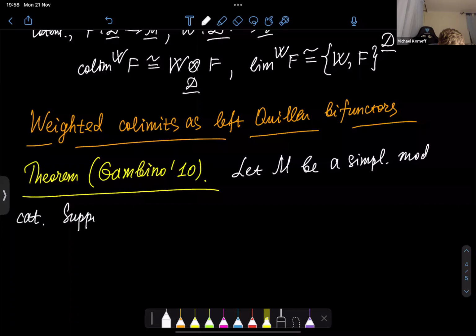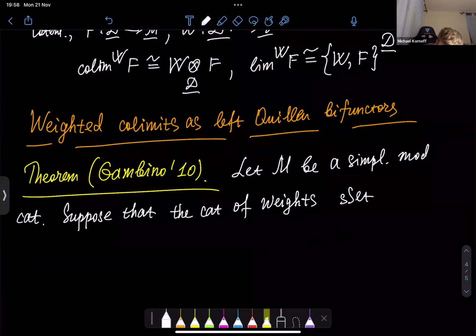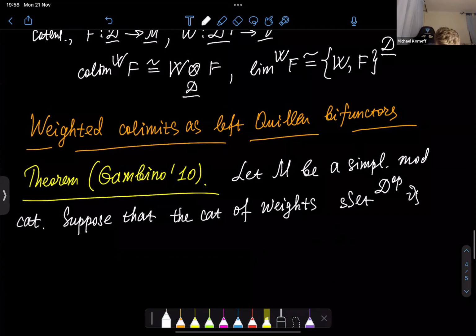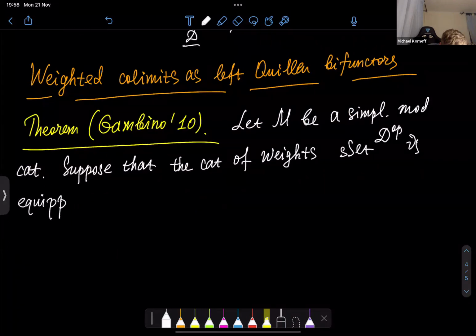Suppose that the category of weights, the category of functors from D^op to simplicial sets, is equipped with the injective model structure.